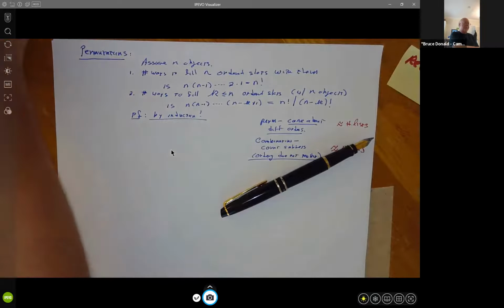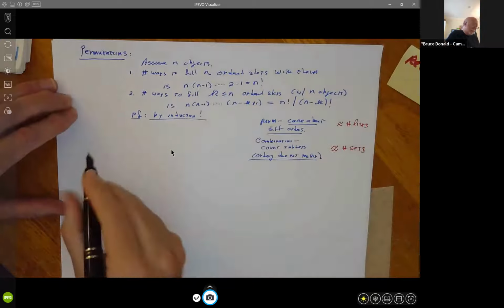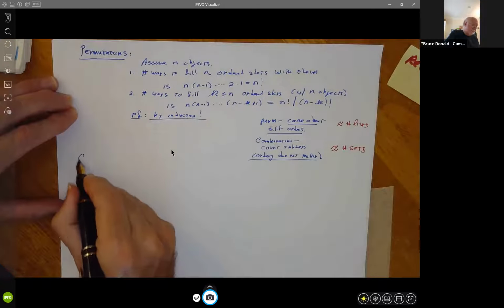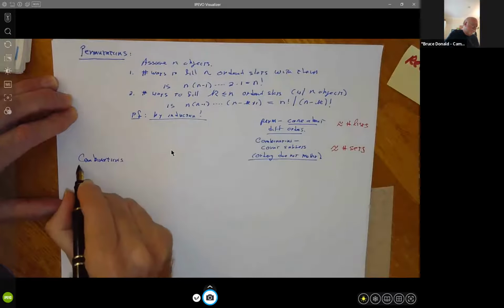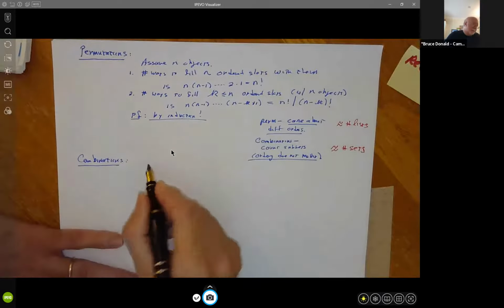Again, this is review, but let me now tell you how we think of combinations. I'll write that down here. So we have a notation for this.